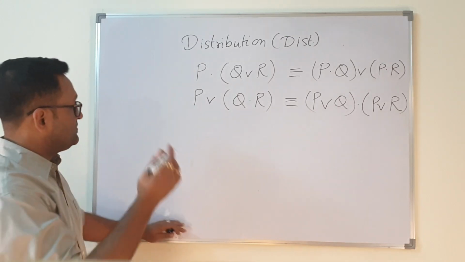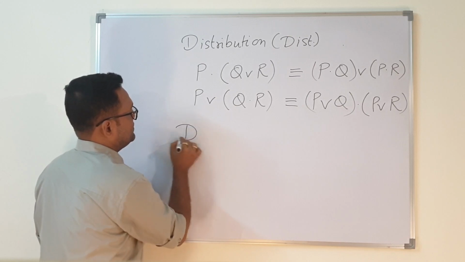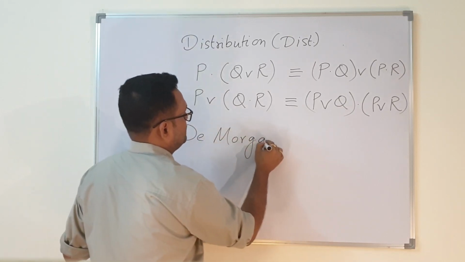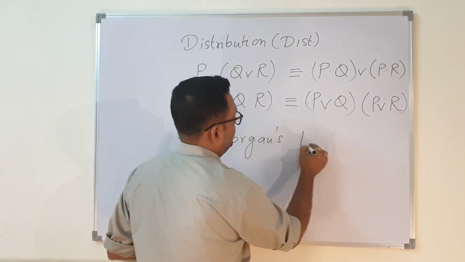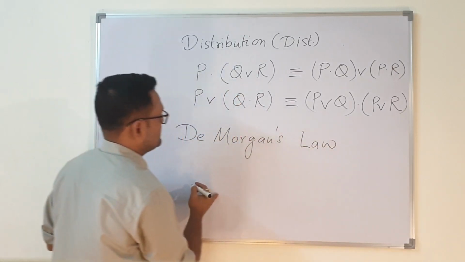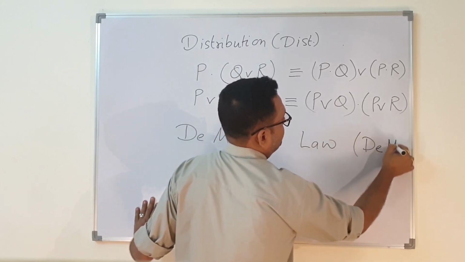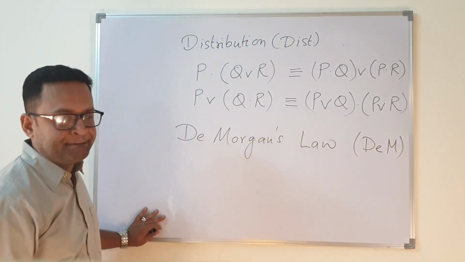Now let us take another one. This is also something which most of you know. This is called De Morgan's law. De Morgan's law, short form is DEM.